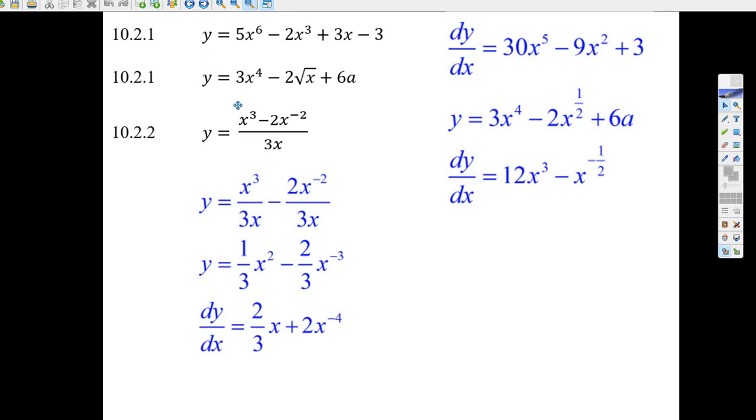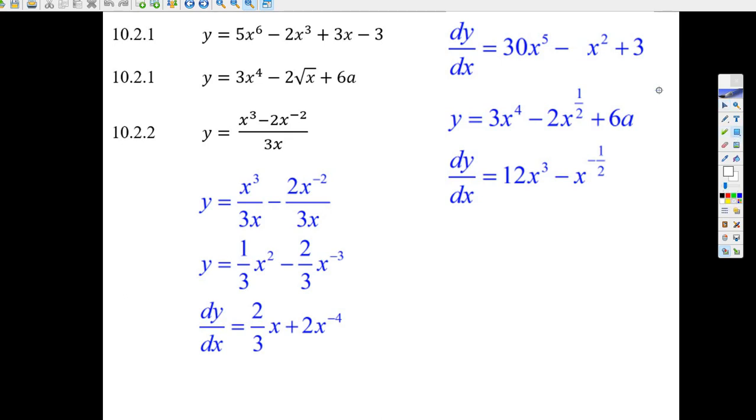Now there's a shortcut for finding the derivative. All you do is multiply the exponent times the coefficient and subtract 1 every single time. This one's all set up, ready to go. 6 times 5 is 30, x to the 5th. 3 times 2 is 6, not 9, it's 6.